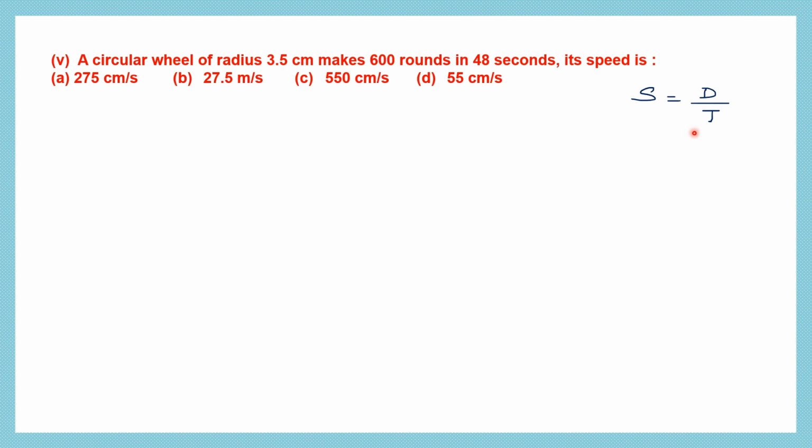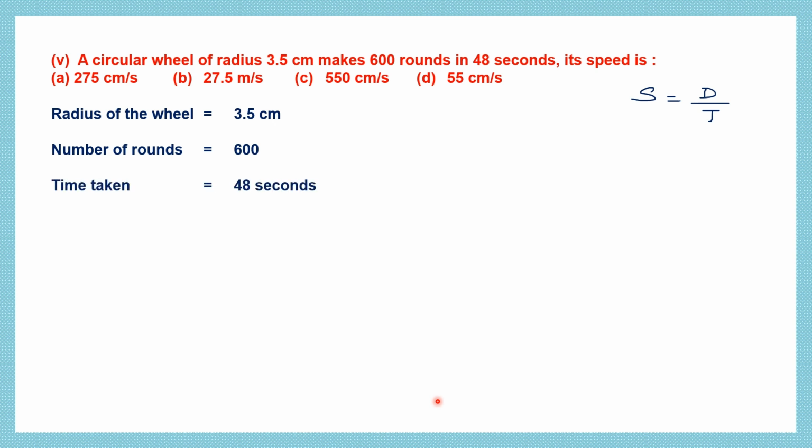So now we are going to find the circumference first with the help of what is given to us. The radius of the wheel is given to us, 3.5 centimeters. The number of rounds is given to us, 600. The time taken is also given to us. Circumference of the wheel is what we're going to find out: 2 pi r. That is 2 into 22 by 7 into 3.5.